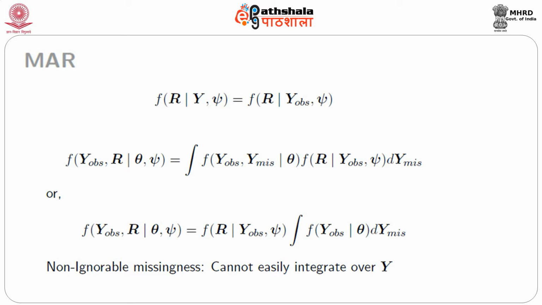Now what happens at missing at random? f of r given y and psi is f of r given y observed and psi, meaning that the missingness depends on y observed.